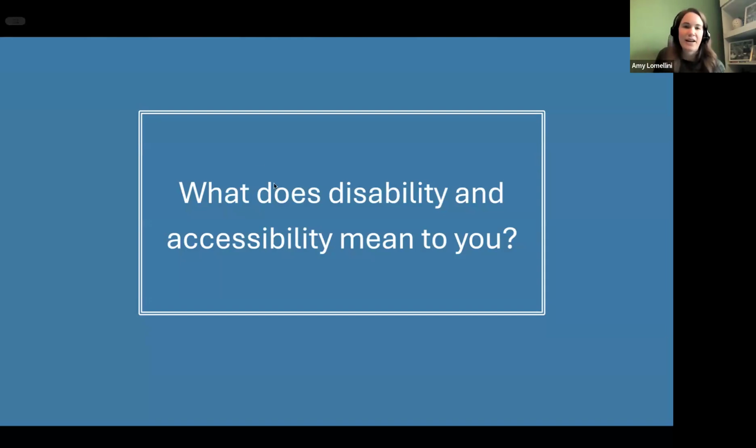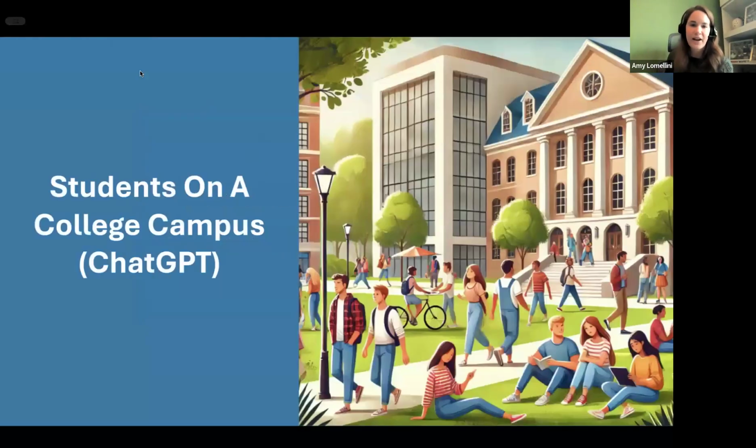All right, we're going to go through a couple of little activities here and then ask you to do your own. So in the essence of Chuck Hodges, I did my own little experiment for this presentation, and I prompted ChatGPT to create an image of students on campus. This is a cartoon-ish image, and we see a bunch of students who are lounging around and walking around what looks to be a campus.